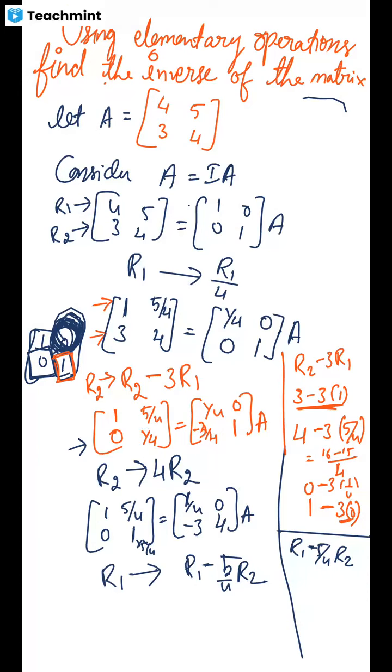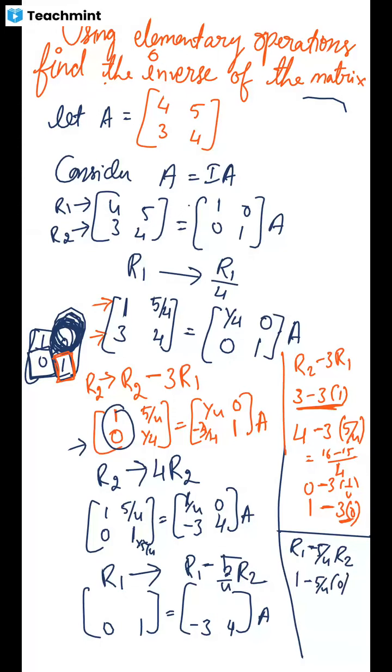See, Row 1 is here, so there are no operations for Row 2. Write Row 2 as it is. Row 2 elements are 0 1 minus 3 4. Since the Row 1 elements have operations, R1 value 1 minus 5 by 4 into the corresponding Row 2 value 0. So 1 minus 0 is 1.